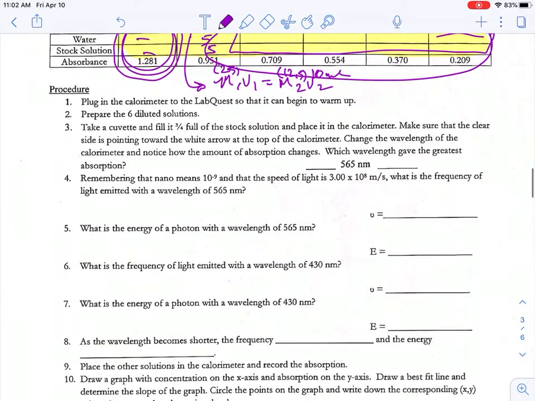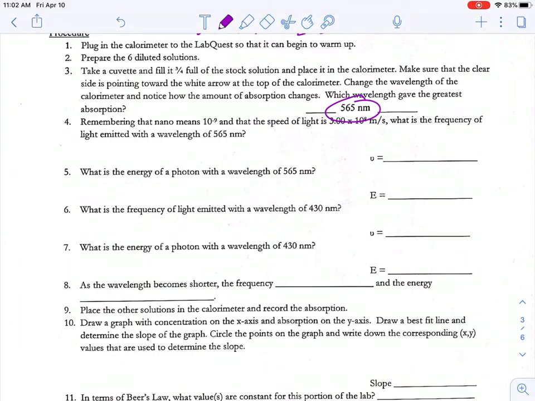Okay. Now, you'll also see this. This makes sense once you get into the lab. You'll see that the 565 nanometers is the one that absorbs the most light. And now, quick refresher about your quantum mechanics. The speed of light is wavelength times frequency. I went old school and used the Greek letter nu, so it's wavelength times nu.